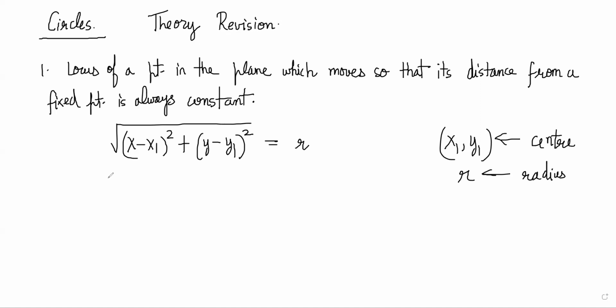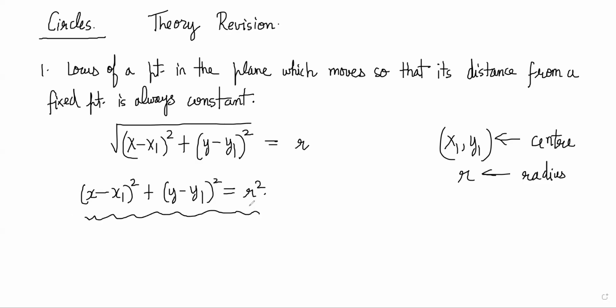So if you expand this or square it out, you'll get the equation of the circle like this: (x minus x1) whole square plus (y minus y1) whole square is equal to r square. So this becomes your basic circle equation. And this is a circle with center at x1, y1 and radius r. If your center was at the origin, the equation would look like x square plus y square is equal to r square, right? So that is the center 0, 0.